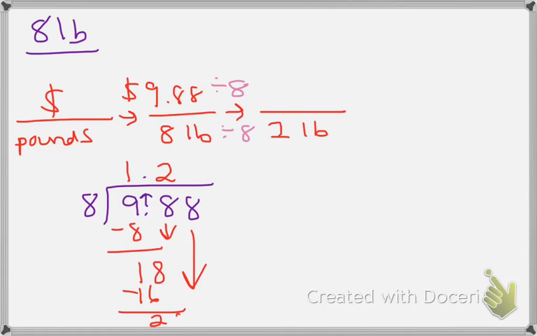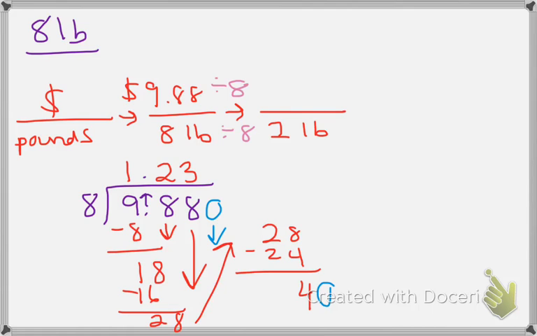Bring down that 8. 8 goes into 28 3 times. 3 times 8 is 24. I'm just going to go up here, sorry. 28 minus 24 is 4. There's nothing left to bring down, so I'm just going to add a 0 and bring it down here. 8 goes into 40 5 times evenly. 5 times 8 is 40.